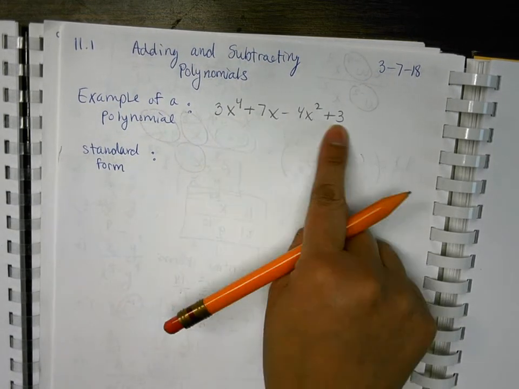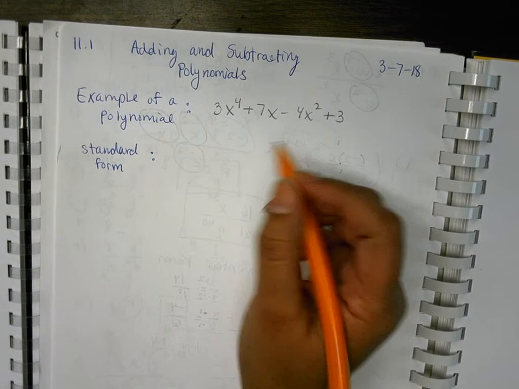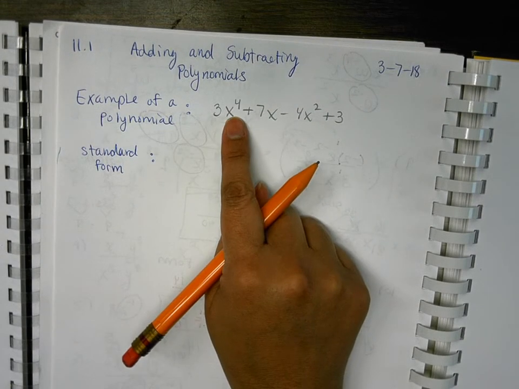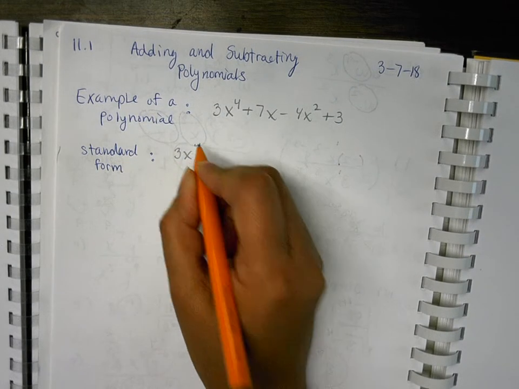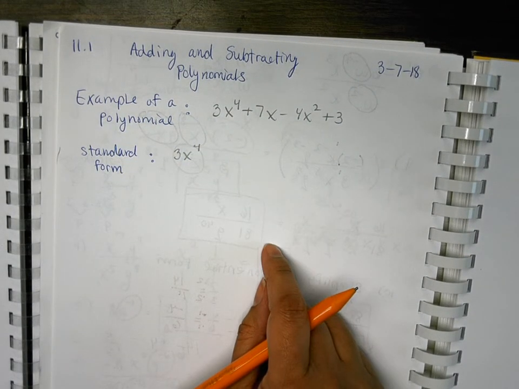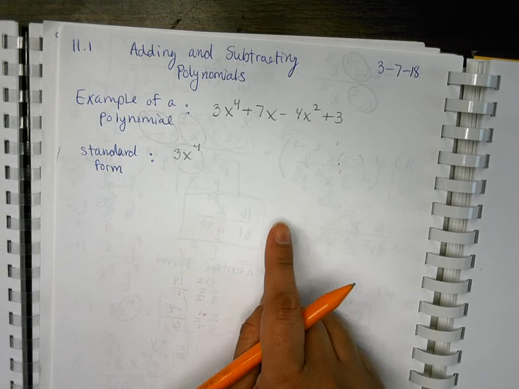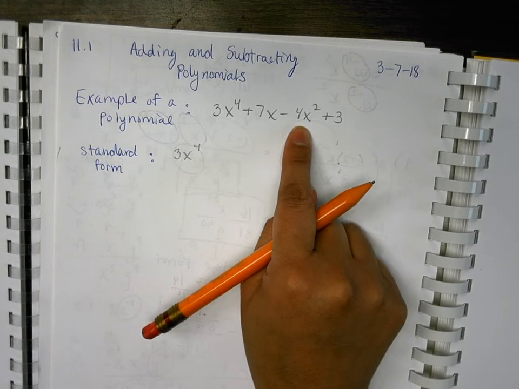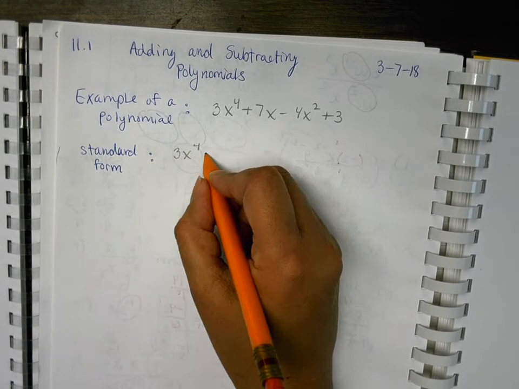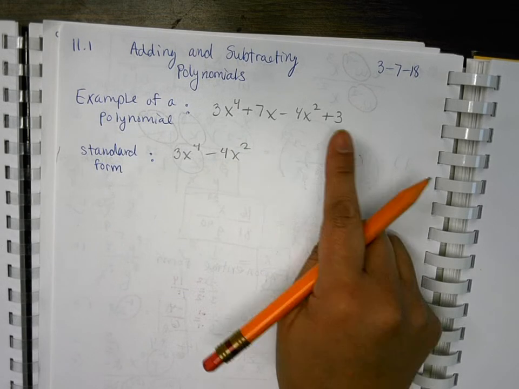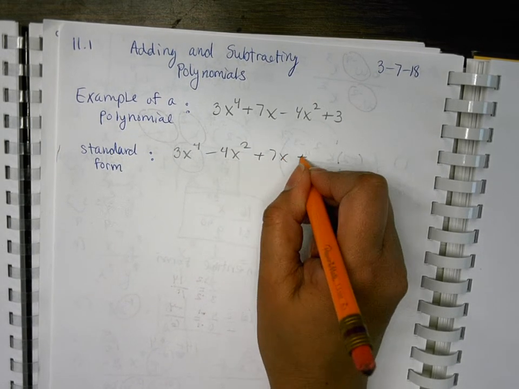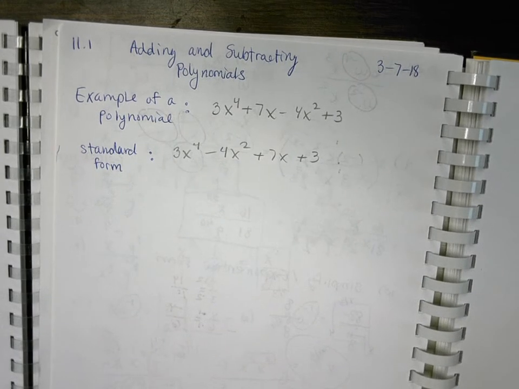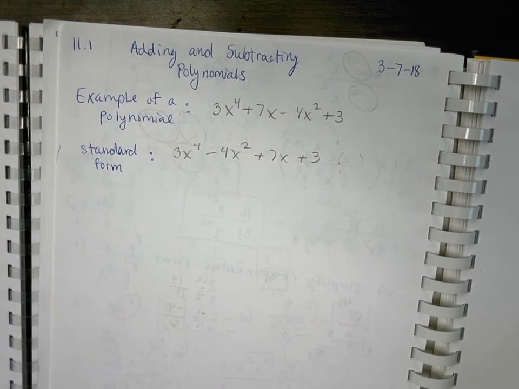So what would be the first term? Your largest exponent goes first. What's the next largest exponent? 7x or 4x squared? Minus 4x squared, and then 3 or 7x? 7x, and then the constant always goes at the end, the constant being the one with no x.